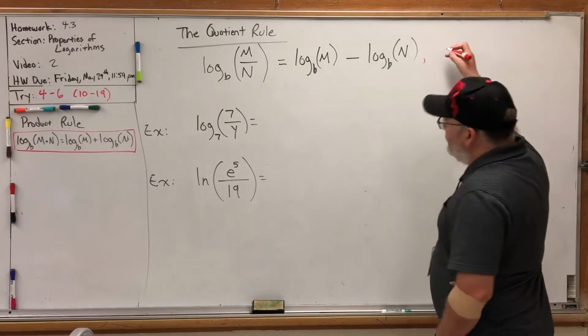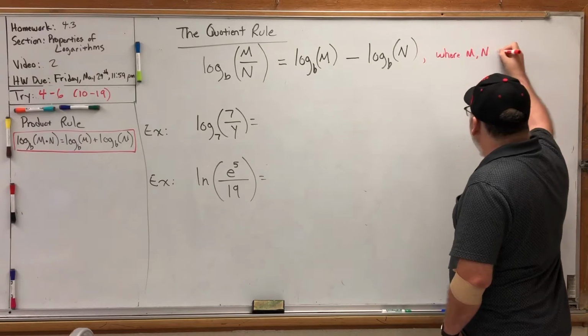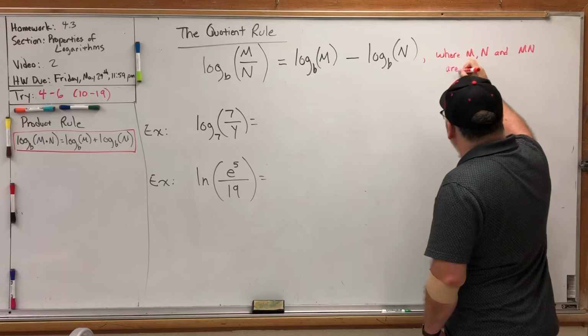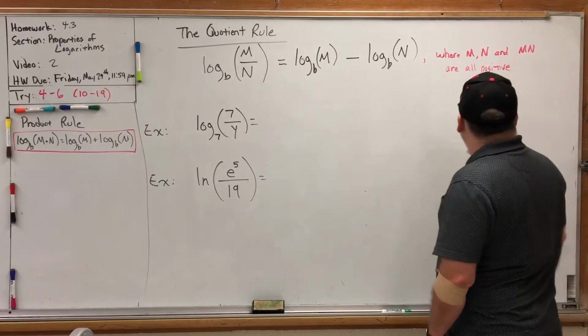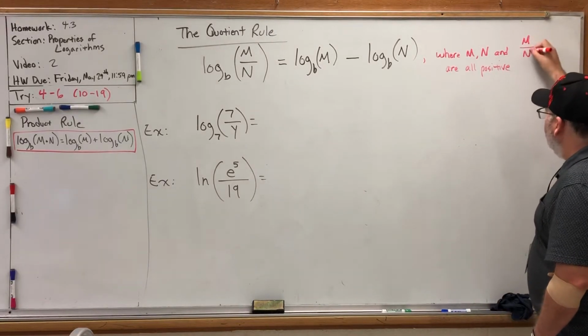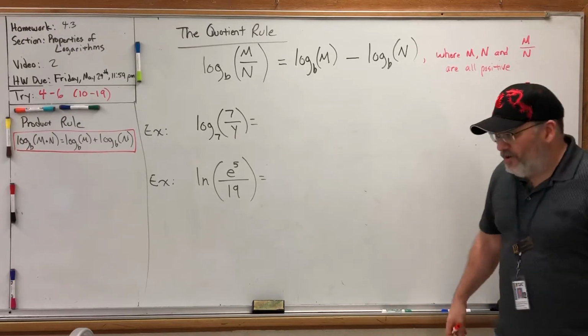Same caveat as before, where m, n, and m times n are all positive. For the same reason as before, not m times n, m divided by n, although honestly if the quotient is positive, so is the product, and vice versa.